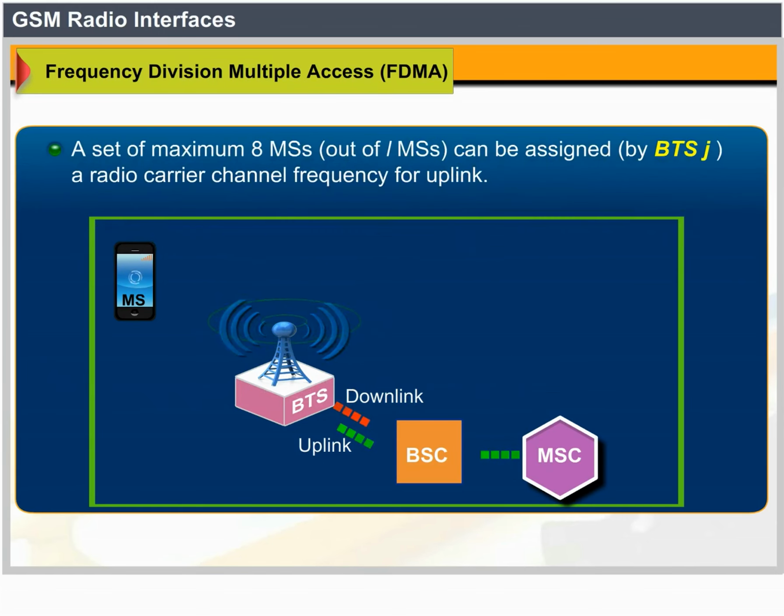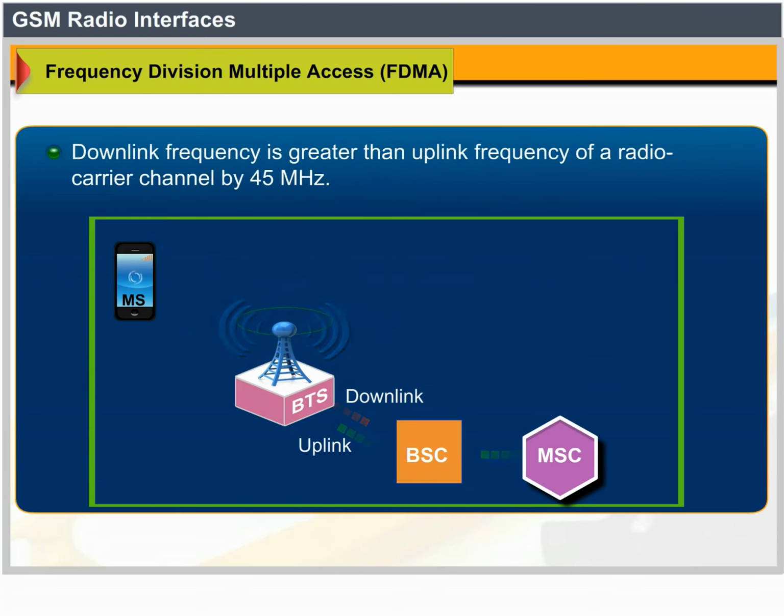A set of a maximum of 8 MSs out of N MSs can be assigned by a BTS a radio carrier channel frequency for uplink. The downlink frequency is greater than the uplink frequency of a radio carrier channel by 45 MHz.